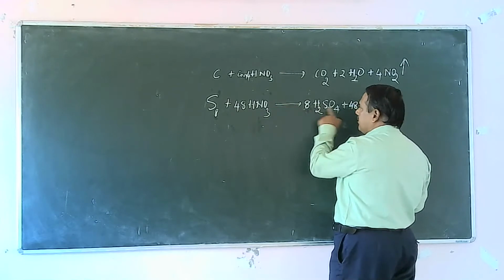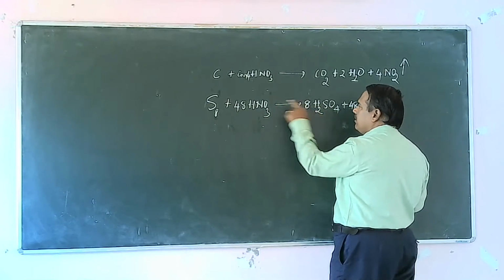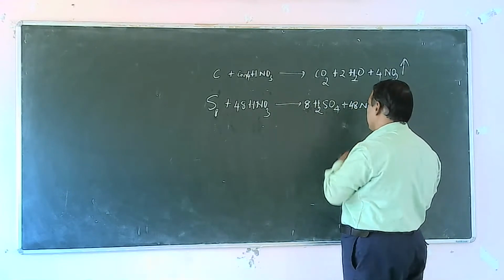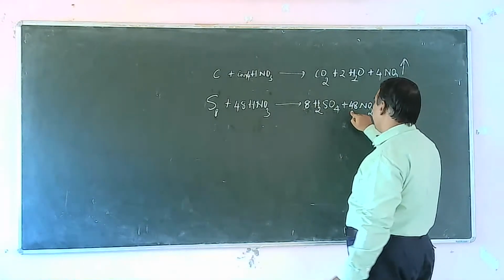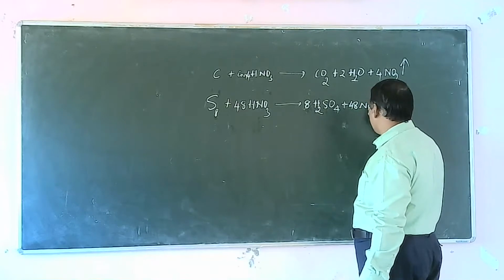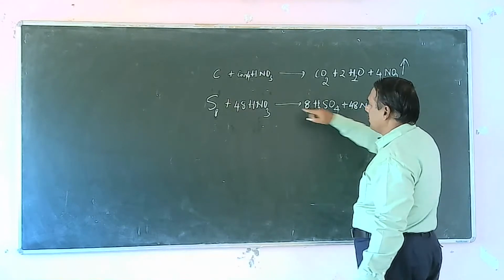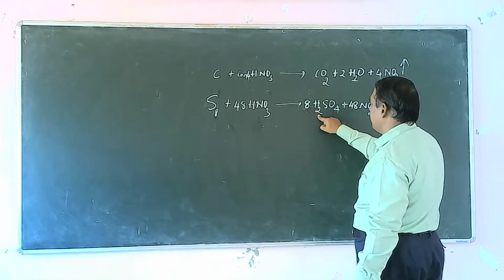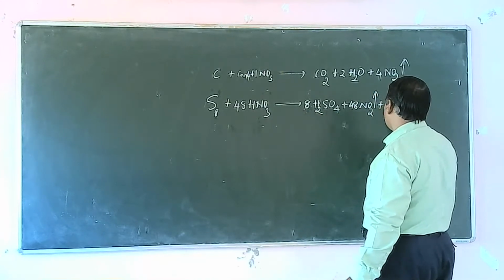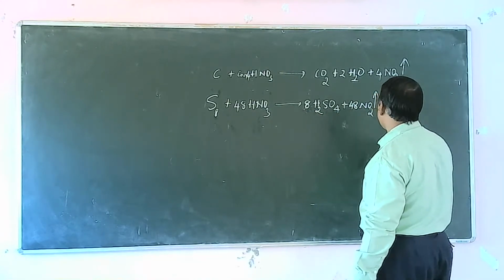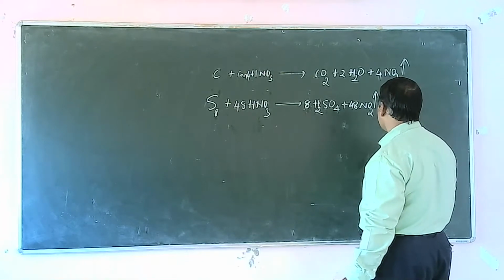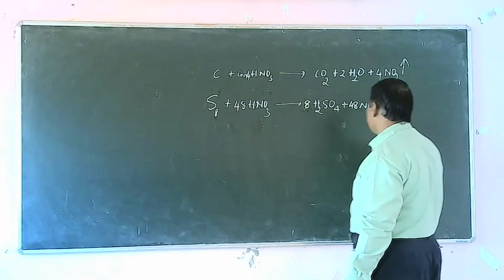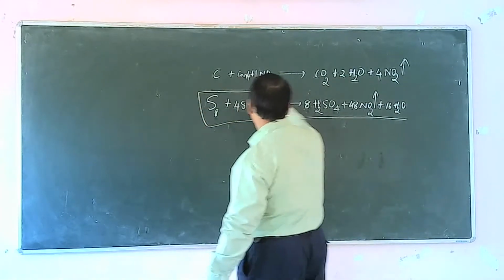Are you clear? Just write the product and check the number of moles easily. 8 H2SO4, then 48 nitrogen dioxide, which is a brown color gas, and balance the hydrogen atoms. Here it is 16, 32 remains, therefore it is 16 H2O. Are you clear? Okay, easily you can balance.